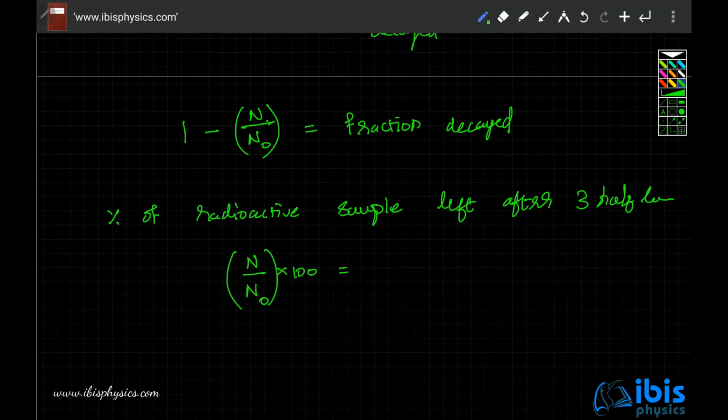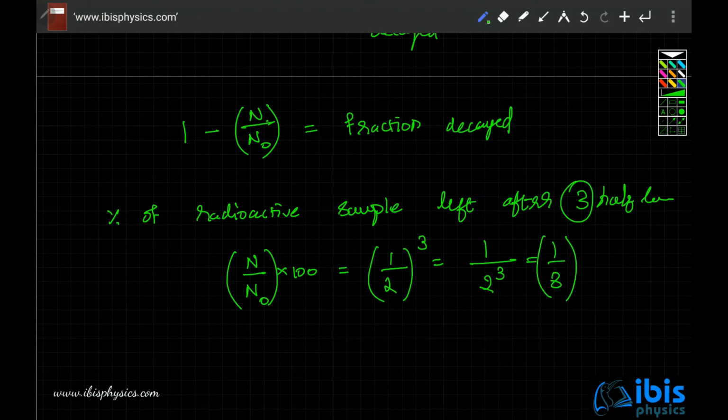N by N naught is actually 1 by 2 whole power number of half-lives. They are talking about 3 half-lives. That means 1 by 2 cube, that means 1 by 8. Percentage left means into 100. So after 3 half-lives, only 1 by 8 into 100, which is 12.5 percent.